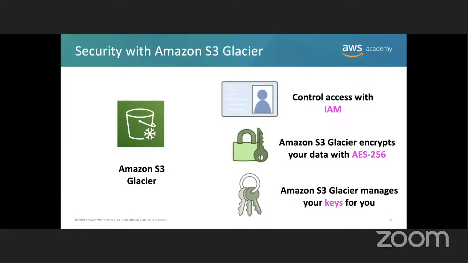Also, Amazon S3 Glacier encrypts your data with Advanced Encryption Standard 256. The 256 means the length of the key, which is 256 bits. And also Amazon S3 Glacier manages your keys for you, it is fully managed. The keys are AWS keys managed for you.